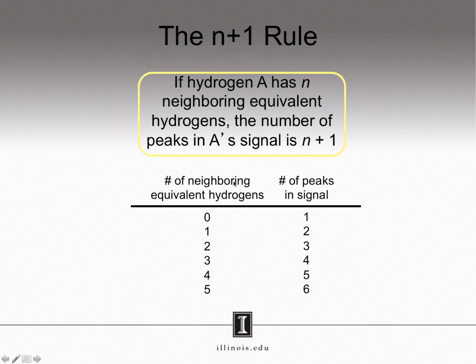For example, if there are no neighbors, then I will see only one peak in my signal, a singlet. If I have one neighbor, like I saw on the previous slide, I should see two peaks, a doublet, where 1 + 1 is 2. You can use this equation in reverse as well. If I have a quartet, 4 peaks, I know that the protons in that signal must have 3 neighbors.